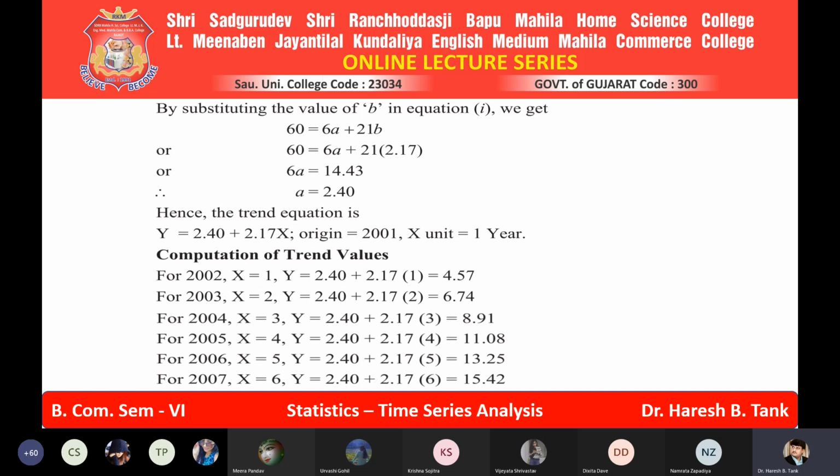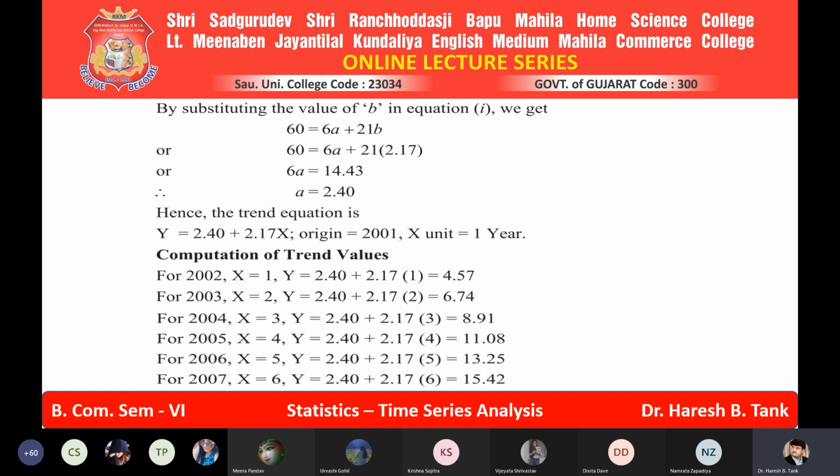With all these three pieces of information, you have to write it off. First, a linear equation. Second is origin. And the third thing is x unit. You have to specify all these three parts. Right enough? Yes, sir.